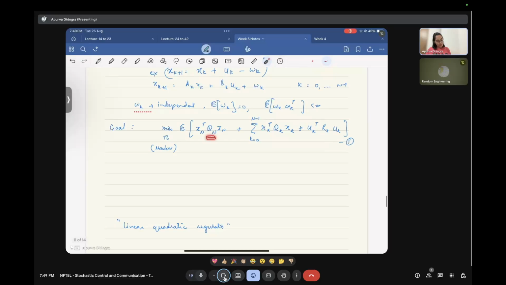Now there are just two constraints. One constraint is on this q, and the other is on r. So qk has to be positive semi-definite, and rk has to be positive definite.